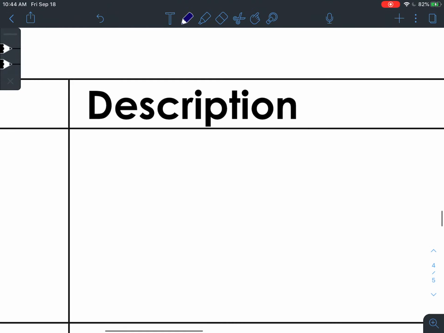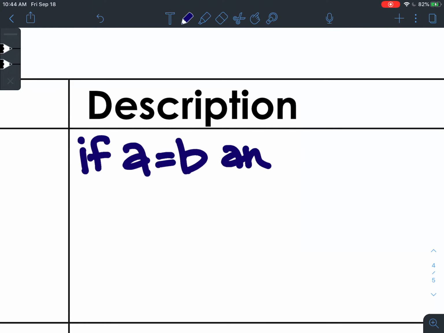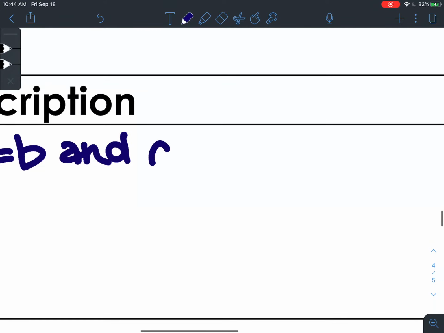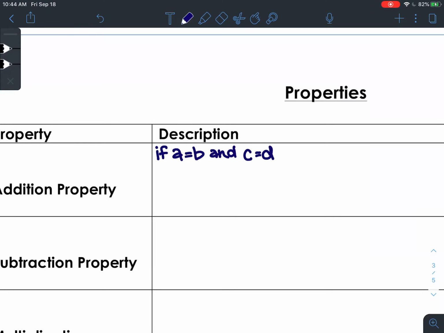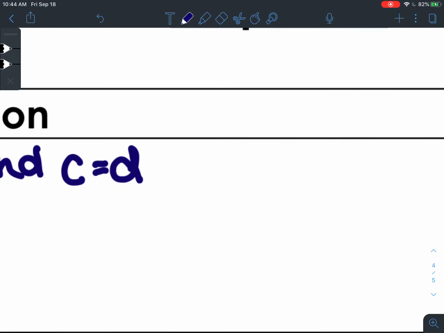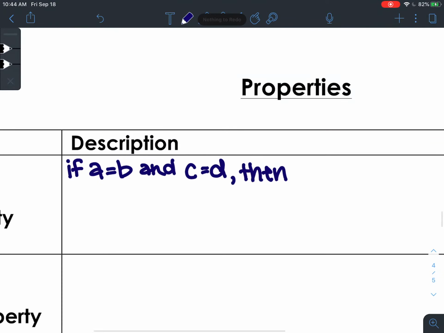And this is going to start off with if A equals B and C equals D. Okay, so if A equals B and C equals D, then what the addition property says that we can do is we can keep A equal to B, but I'm going to spread them apart a little bit.